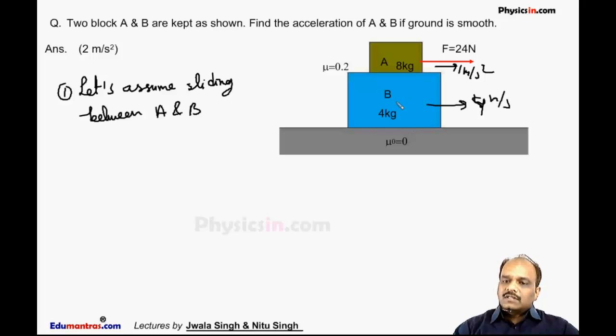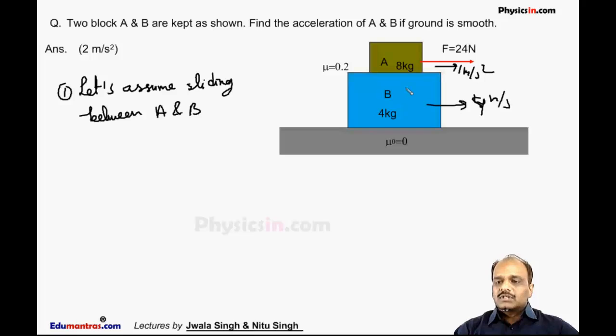So it means the acceleration of block B is more than that of block A. In this situation, the friction force on block B would act in the backward direction because B is moving forward with respect to A. So this is not the proper answer, because when we are pulling the 8 kg block, the acceleration of the 4 kg block may be equal to that of the 8 kg block, but it can never be more than the acceleration of the 8 kg block, because friction never accelerates this block.